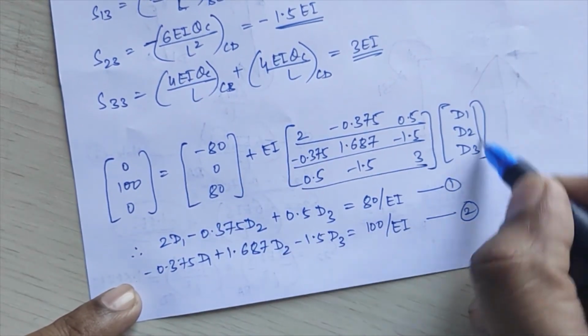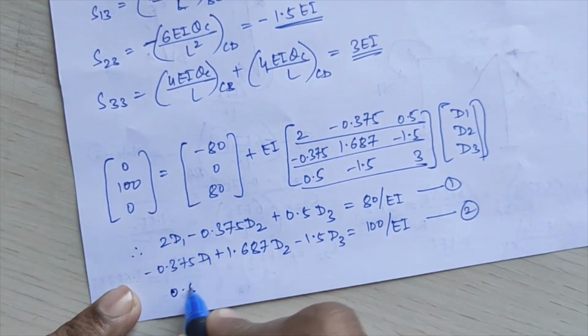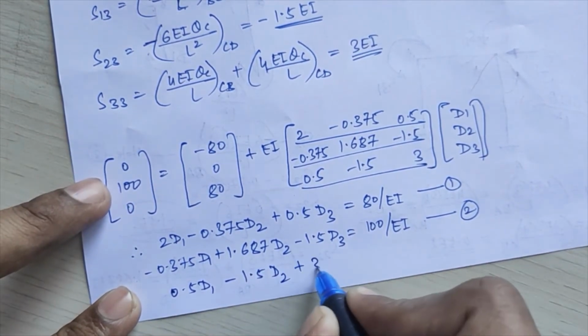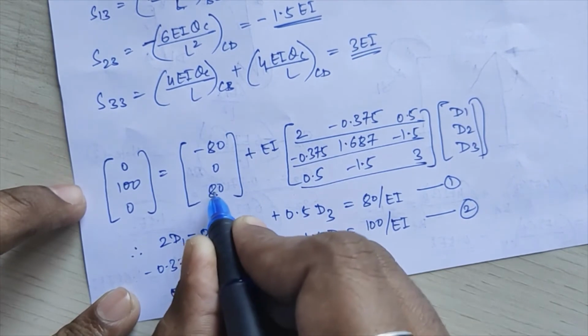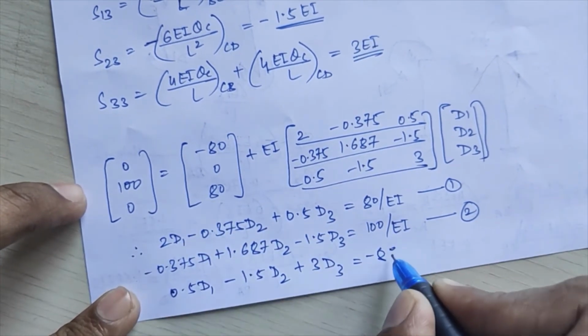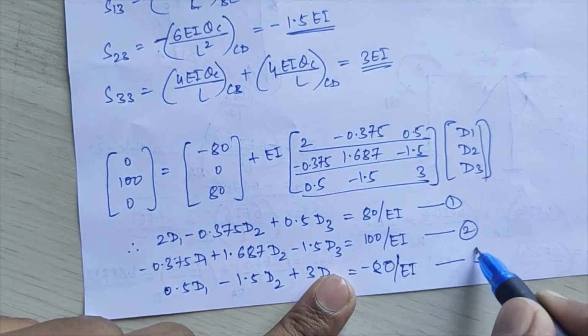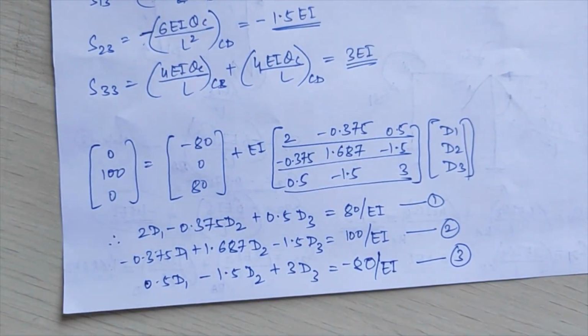And third one, third row multiplied by column: 0.5 times D1 minus 1.5 times D2 plus 3 times D3 is equal to, on going across, negative 88 upon EI, as my equation number 3. So these three equations I am getting here.